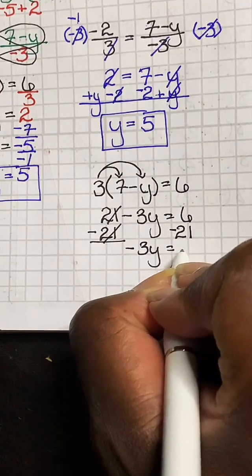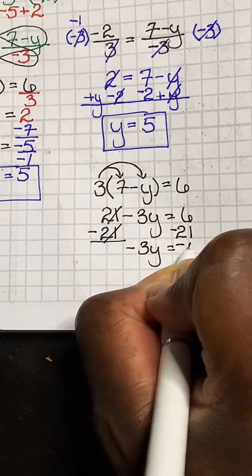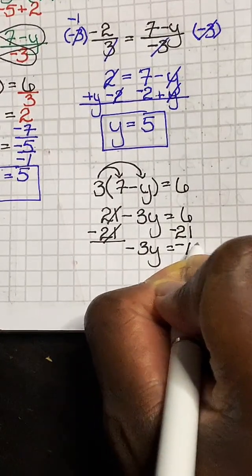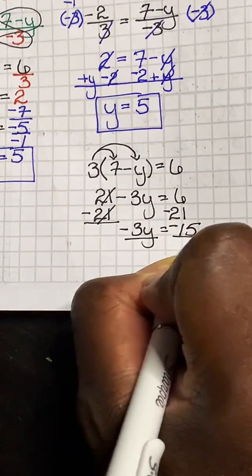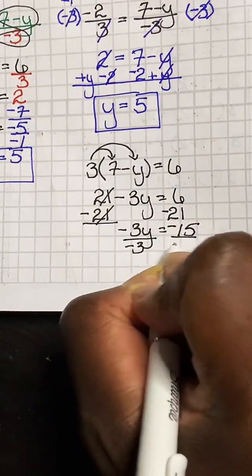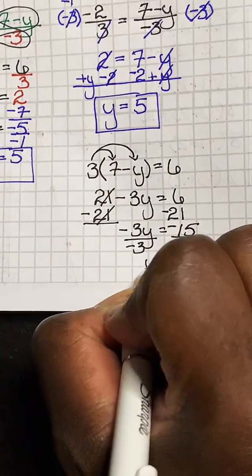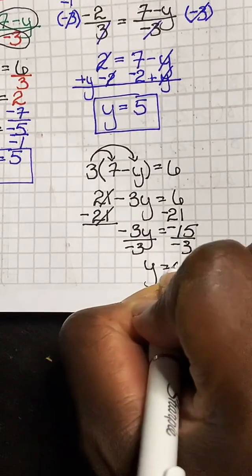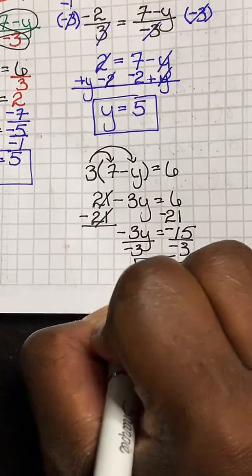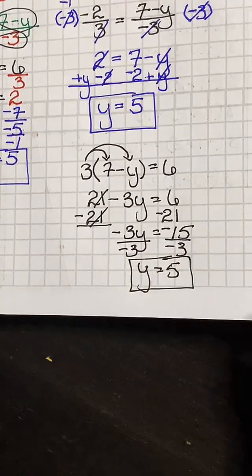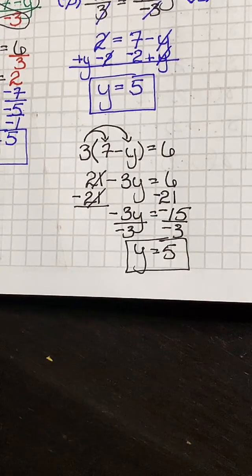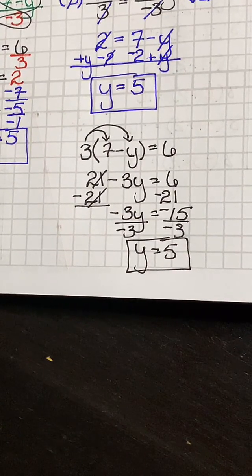So this will give me my negative 15. Then if we divide both sides by negative 3, you will get y is equal to a positive 5. Okay? That's what you did? Awesome.